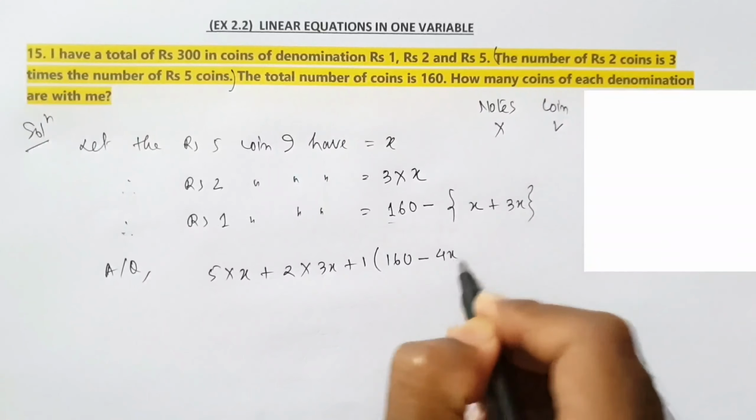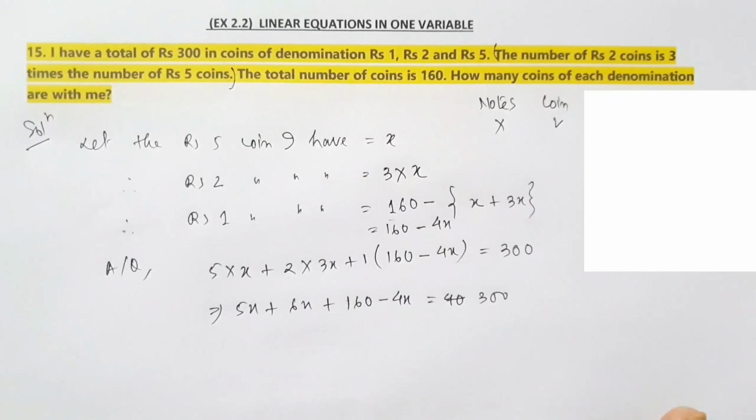So 160 minus 4x is the number of 1 rupee coins. So the amount is 5x plus 2 into 3x means 6x, plus 1 into the same number, 160 minus 4x, it comes to rupees 300.